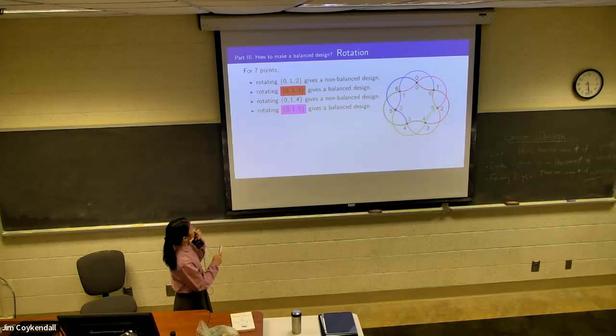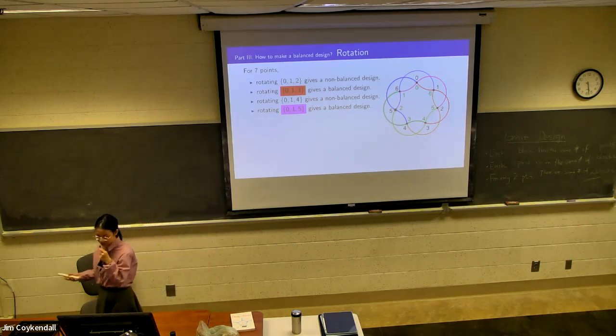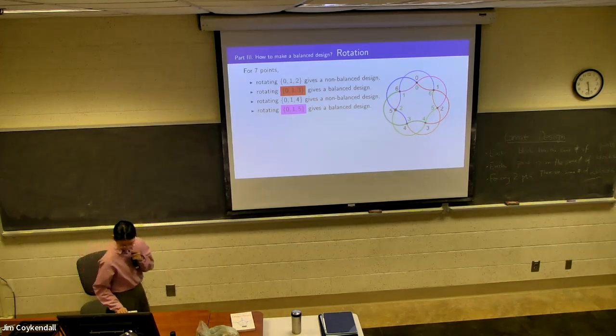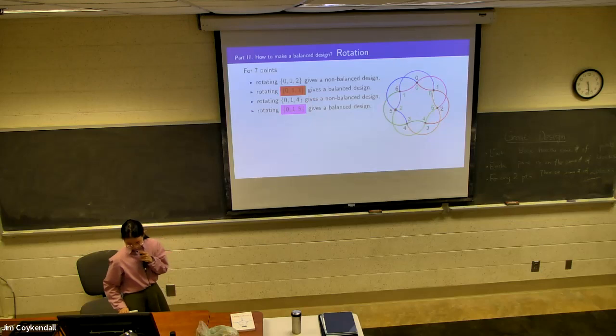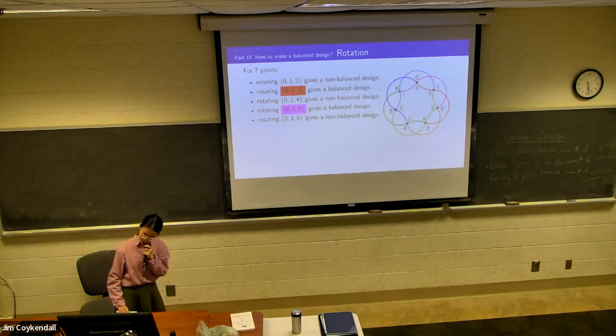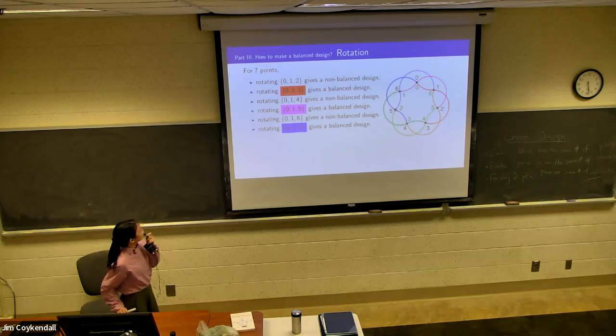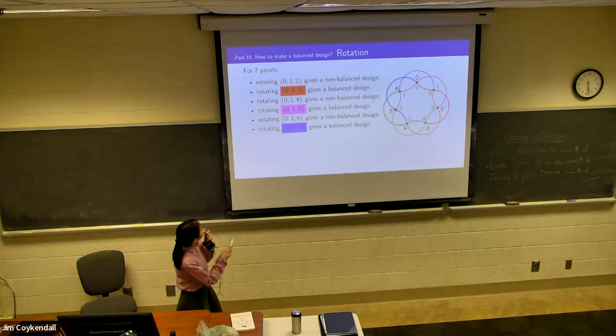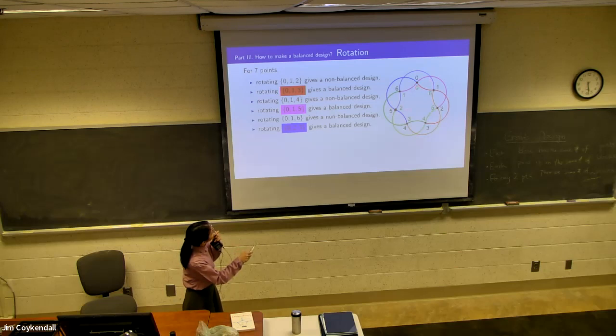So if you're rotating 0, 1, 5, yes, that will give you a balanced design, but it is just the same as what you can have from 0, 1, 3. And you can keep on doing that. 0, 1, 6, it won't work. 0, 2, 3 will work, but 0, 2, 3 is actually just this block, when you look at the green labels again.